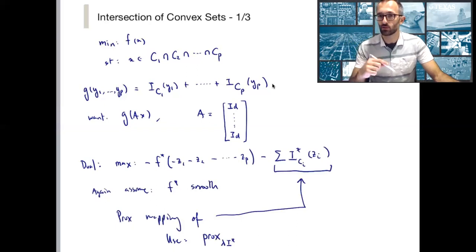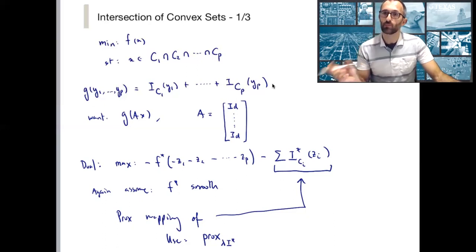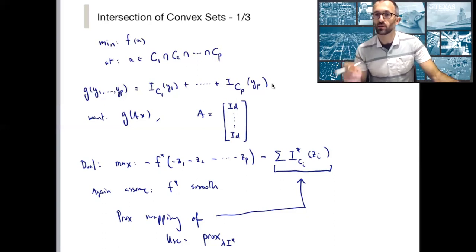That's what I did in the previous example, and the prox of the indicator is projection. But now I have the prox of the dual of the indicator. Using the Moreau decomposition is going to get me back to using projection, because the Moreau decomposition relates the proximal operator of the dual of the indicator to the prox of the indicator, which is projection.